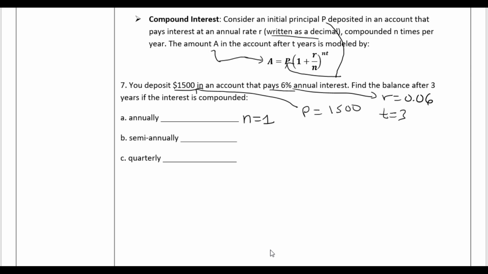The 4% is for the whole year because it's an annual rate, but they're just splitting it into 2 pieces. So 2% the first time and then 2% the next time. So here it's compounded 2. And then for quarterly, it's being compounded 4 times.